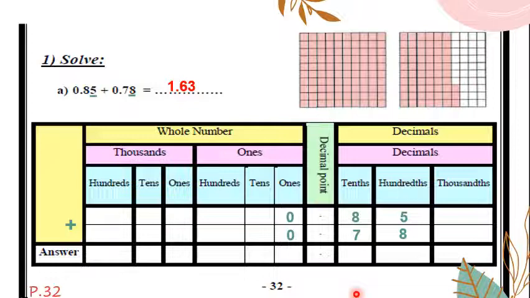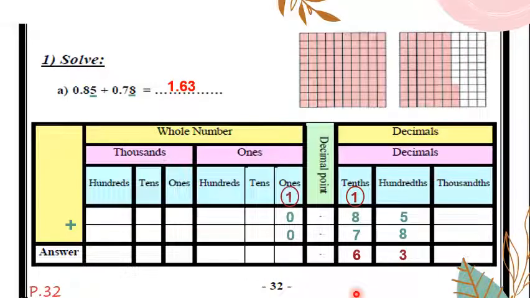From the right side, 5 plus 8 equal, yes, 13. 3 and carry up 1. 1 plus 8, 9. And 9 plus 7 equal 16.